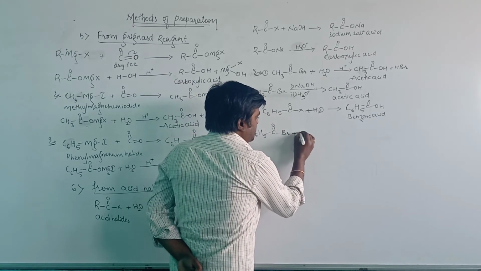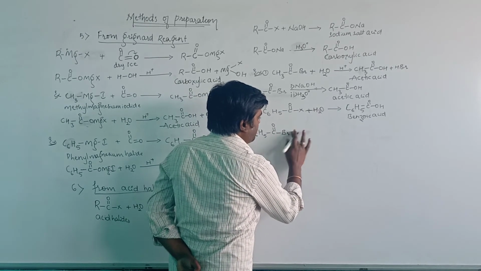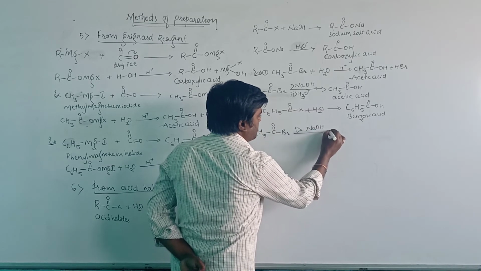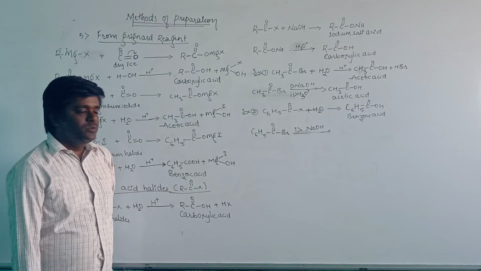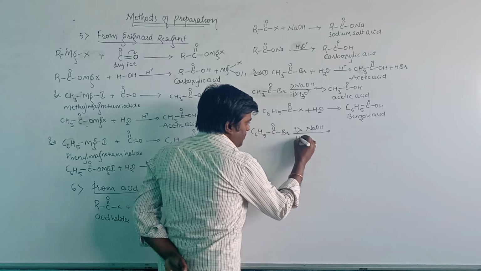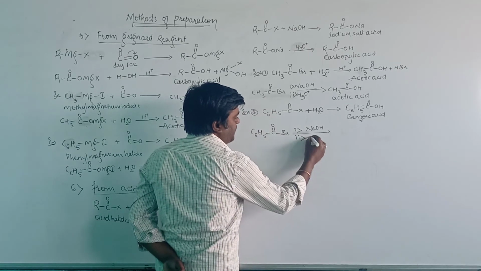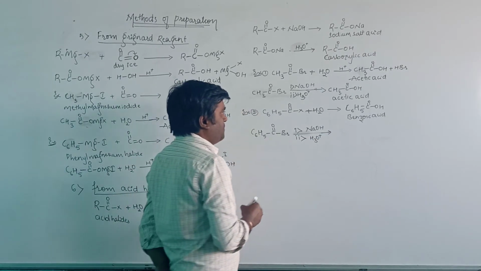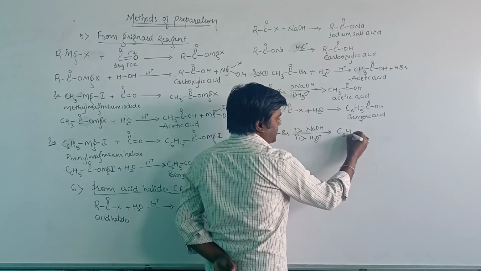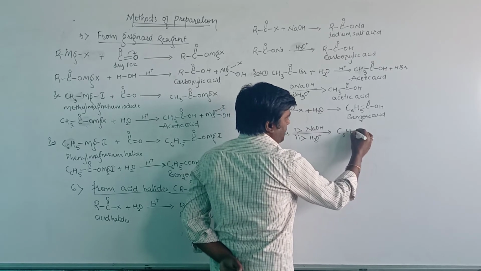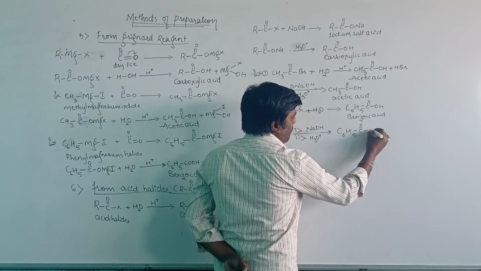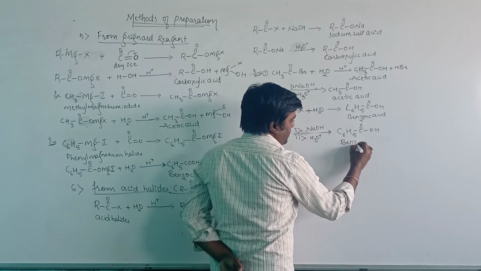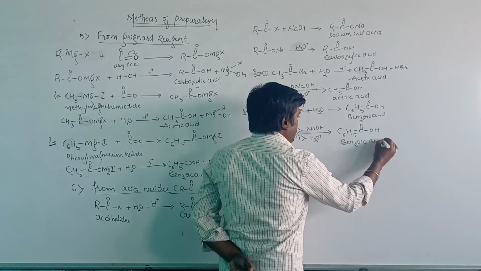When treated with sodium hydroxide in the first step, it will give the sodium salt of the carboxylic acid, and further on acidification, that is H3O plus, treating with the acid, it will produce the compound benzoic acid, C6H5 C double bond OH. The main product will be benzoic acid.